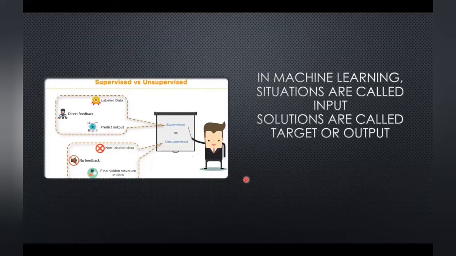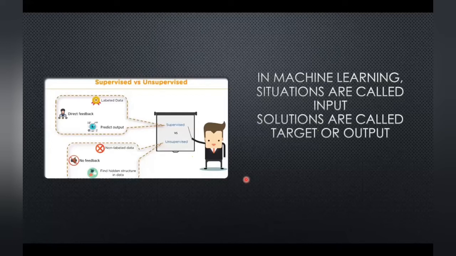As I explained, the data has to be marked with the region of interest. The pixel has to be marked with the region of interest. It's a very tedious job. A person has to sit down and mark each and every area or each and every pixel for that region of interest. It requires direct feedback, and you get a predicted output. You wanted this tumor, you will get this tumor after the end of learning.